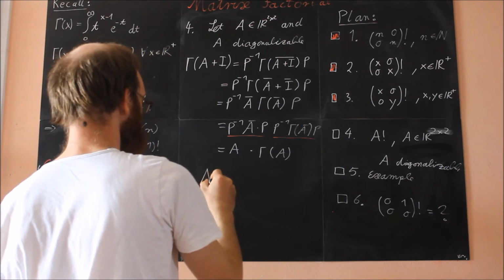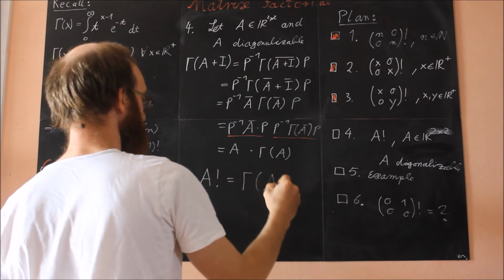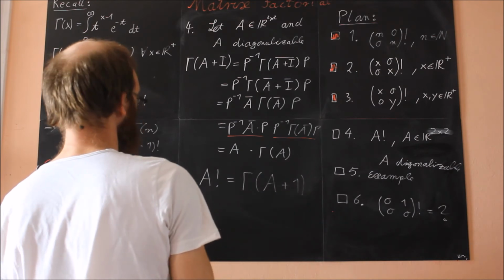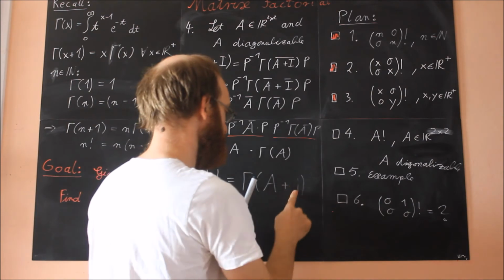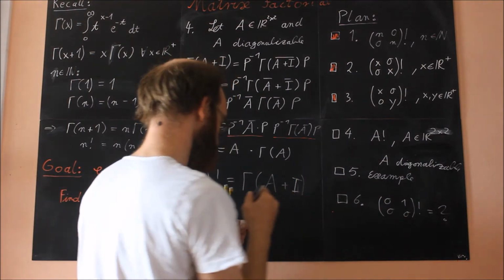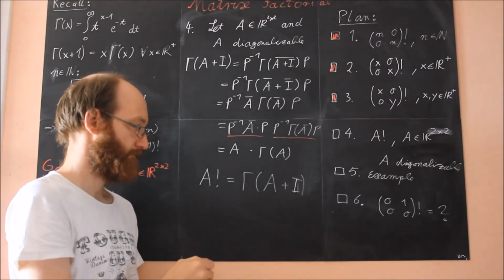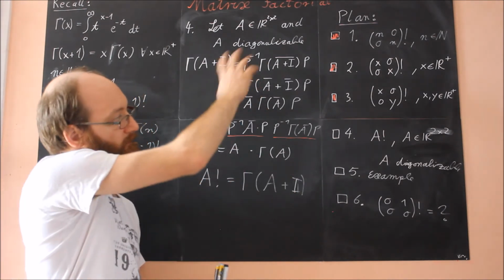So A factorial is gamma of A plus 1, A plus identity matrix. So this is our final result. We can define it in this way, and we know how to compute this stuff.